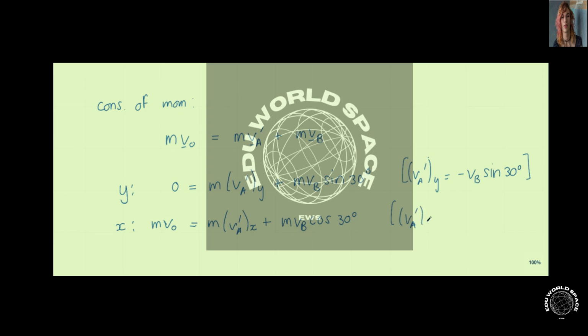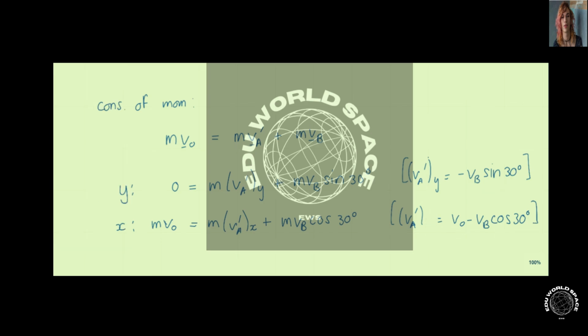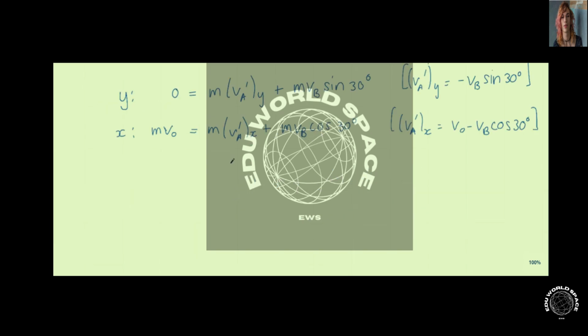So VA prime's x component is simply v naught minus the x component of the velocity for ball B, VB cos 30 degrees. So we've written the A prime components in terms of the components of VB and the initial velocity v naught. This is the x component, not the y component. Now that we have both these components, we'll apply the conservation of energy.